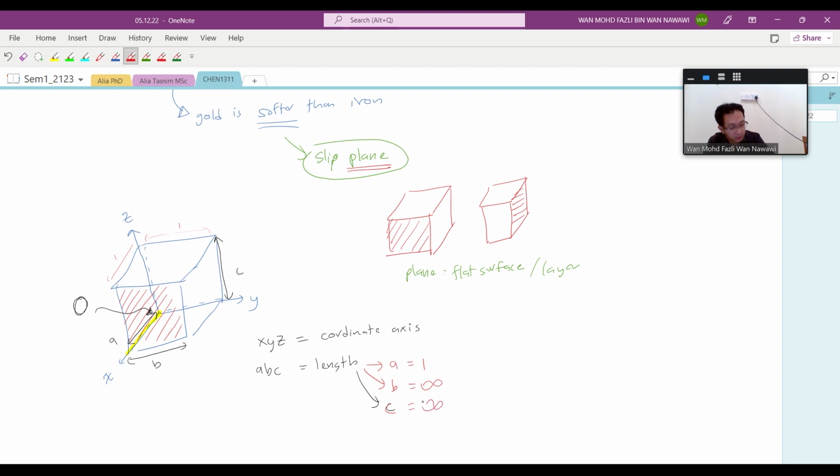So C is infinity. So the number that you saw just now, 100, is what we call the Miller index. How to calculate the Miller index is just to take the reciprocal.